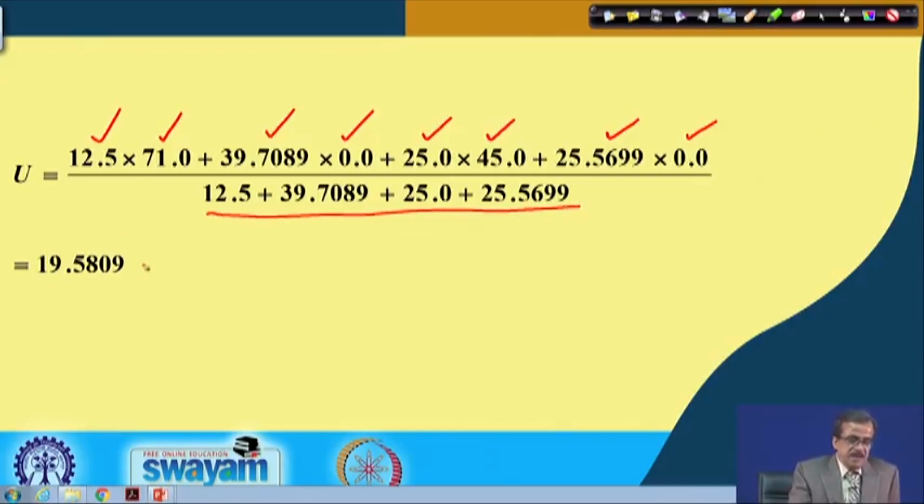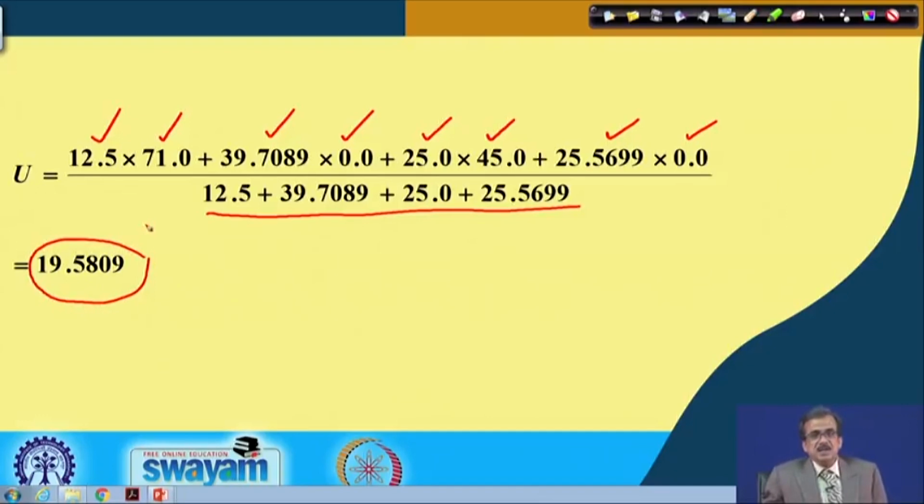Here you will get the crisp output. So, using the center of sums method, I find 19.5809 as the crisp output.